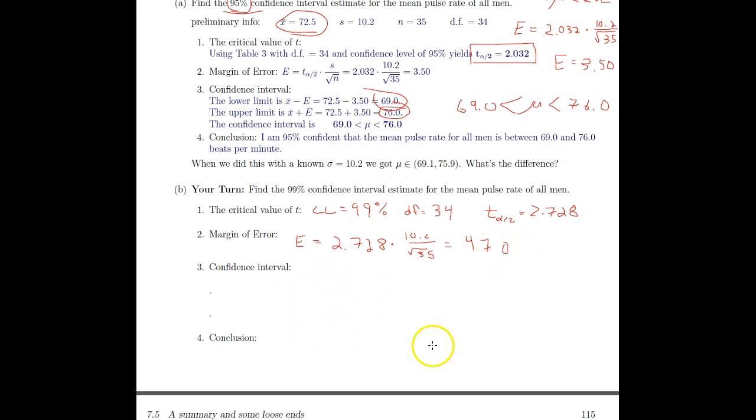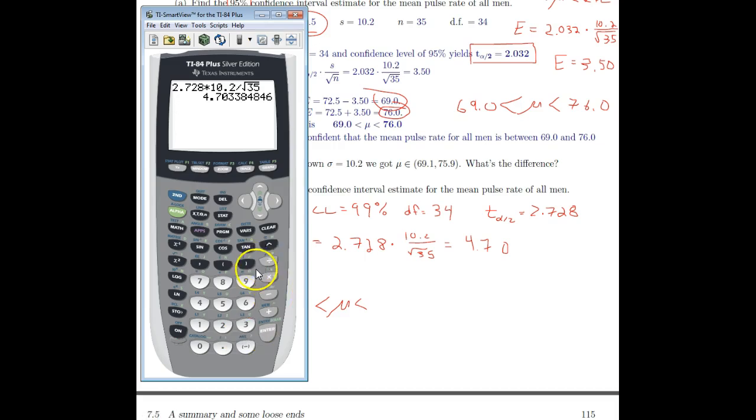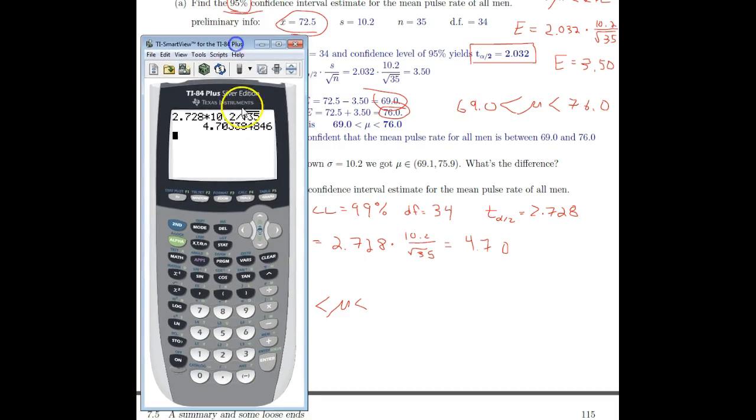And then our confidence interval is going to be x bar minus this error and x bar plus this error. So we're going to get that the mean is between, we have to do that subtraction and addition. What was our x bar? 72.5.